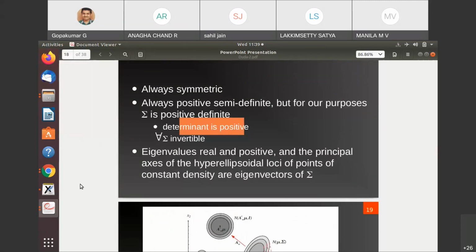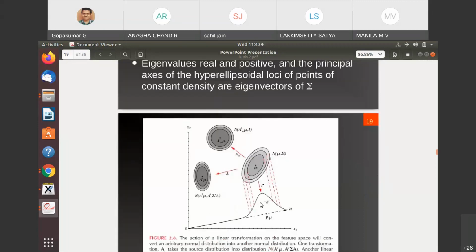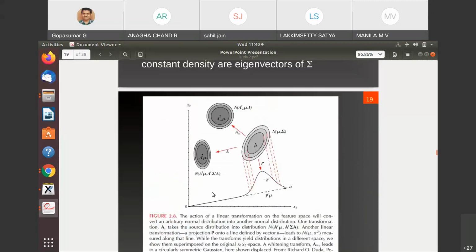You might know about eigenvalues and eigenvectors of a matrix. Here we can consider the covariance matrix, find its eigenvalues and eigenvectors, and using them we can plot how the points are falling.